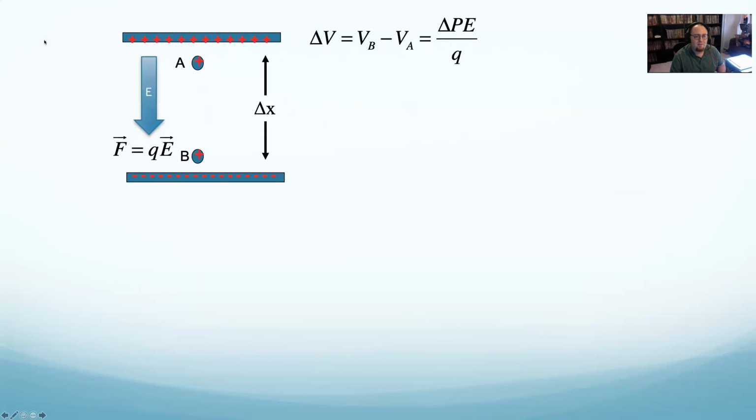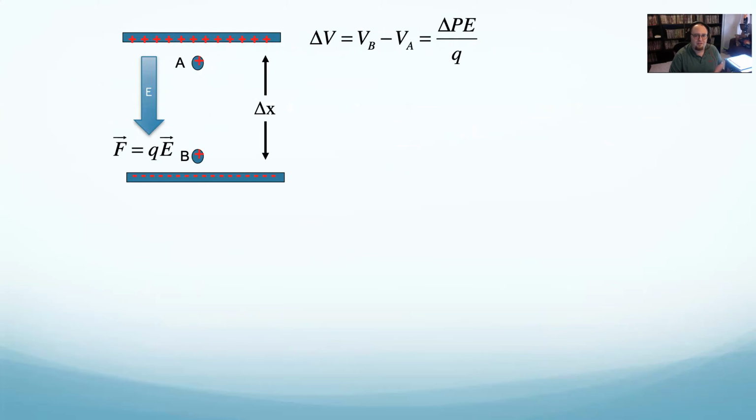So if I go back to this picture I had before, and I have a charged particle going from point A to point B, feeling that force of QE in this uniform electric field, I can say that you don't just have the potential difference of a spot, you have the potential difference between 2 spots.